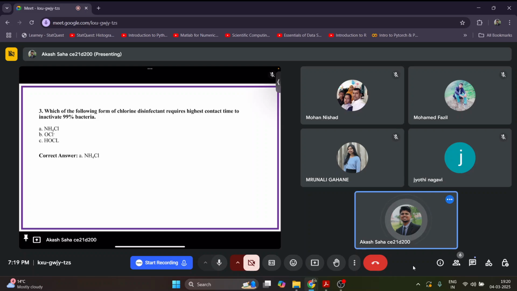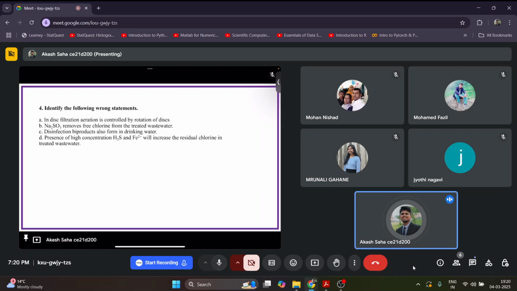Okay, moving forward. Identify the following wrong statement. Here the statements are given. You have to find out which one of them is incorrect. First one says in disk filtration, aeration is controlled by rotation of disk. Then Na2SO3 removes free chlorine from the treated wastewater.